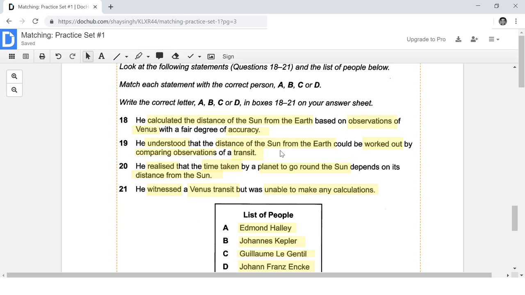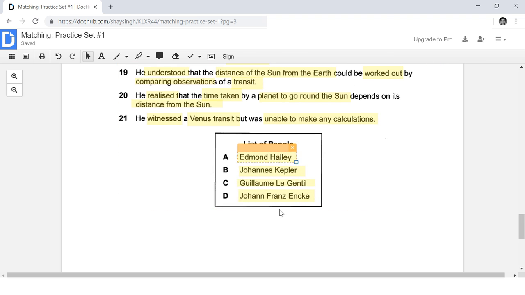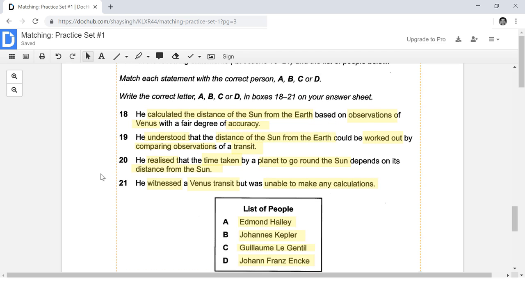I see that a lot of this has to do with calculating the distance of the sun from the earth. It mentions that here and then here and here again. So when we are looking at the area around these keywords in the reading passage, we have to look for these keywords as well and find out which question the keywords and the connecting words match up with.